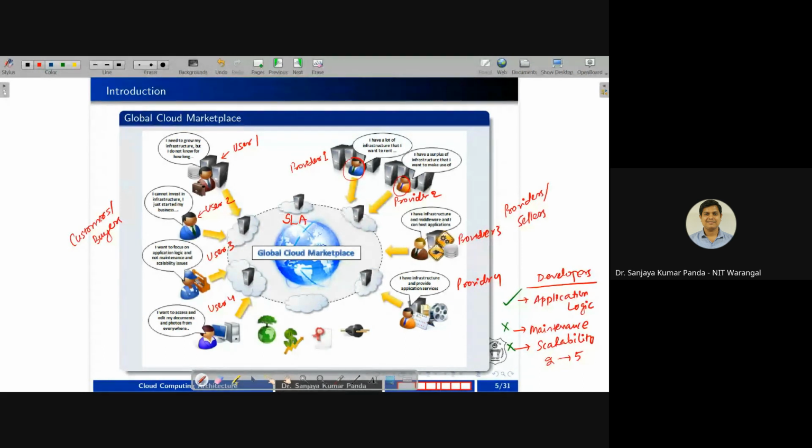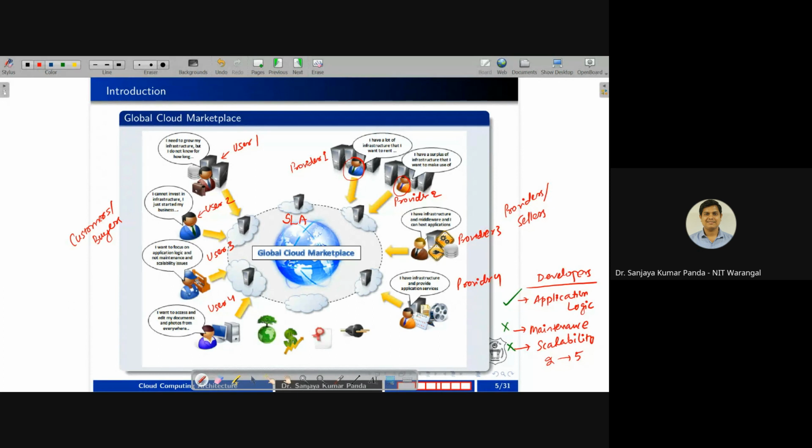When they claim, we are going to review that service level agreement. Based upon the terms and conditions, we can find whether the buyer is creating the problem, or the seller is creating the problem. Who is not following the terms and conditions, we can easily identify from the cloud marketplace.